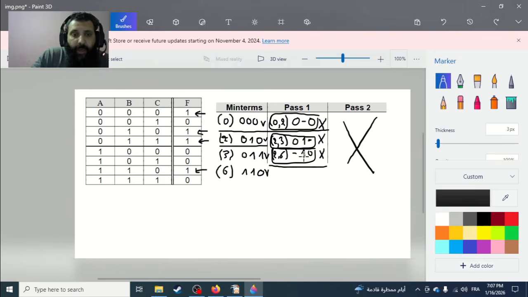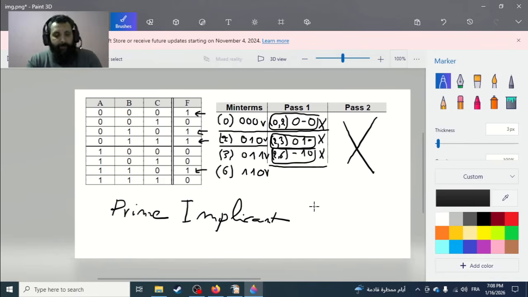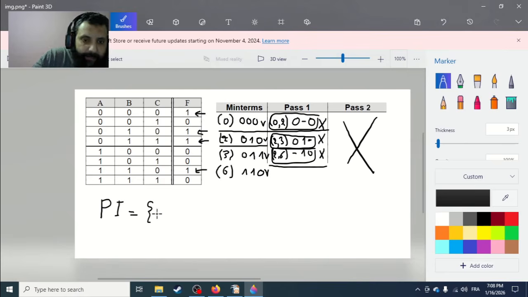They represent the result of the first stage, and they are called prime implicants, or PI. The prime implicants are, let's write them.